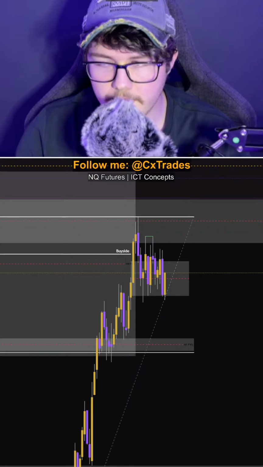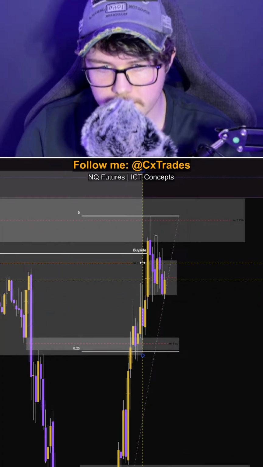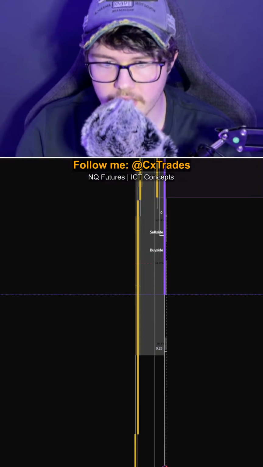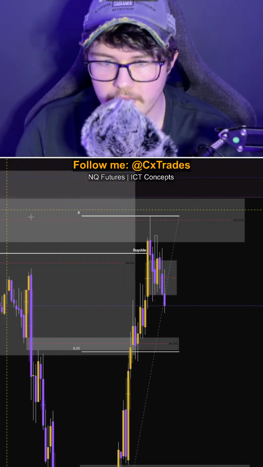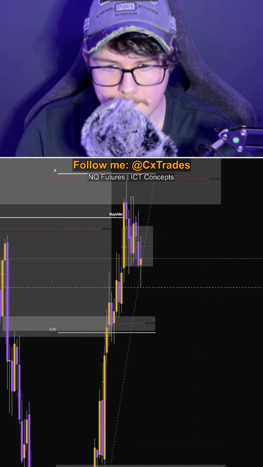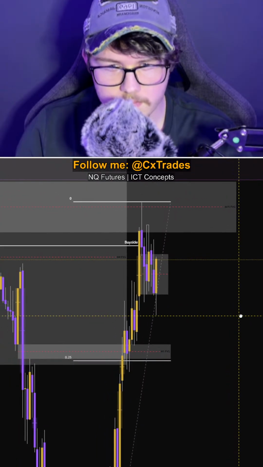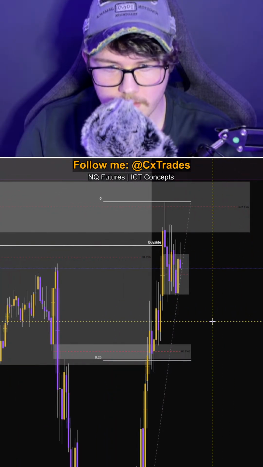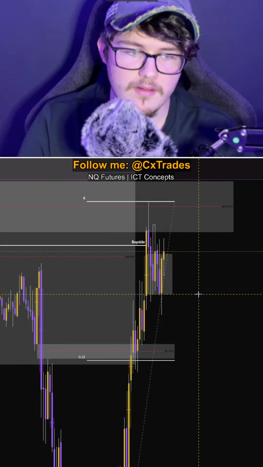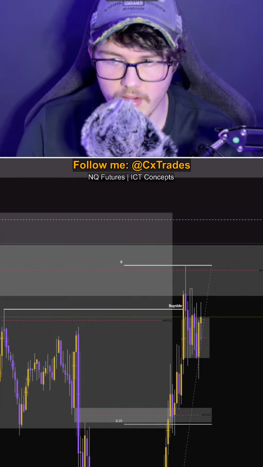Not really anything. It just depends how price wants to close inside of this H4. Like I said, this is a very mechanical A plus if it does come. There is SMT as well. SMT right here.